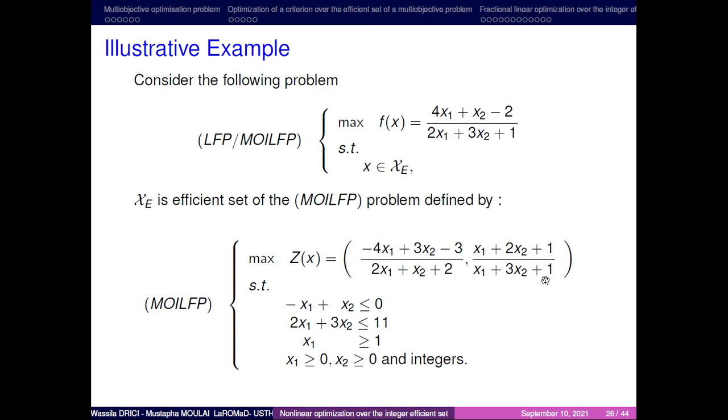And we have the constraints minus x1 plus x2 less than or equal to 0, 2x1 plus 3x2 less than or equal to 11, and x1 greater than or equal to 1, with x1, x2 positive integers.